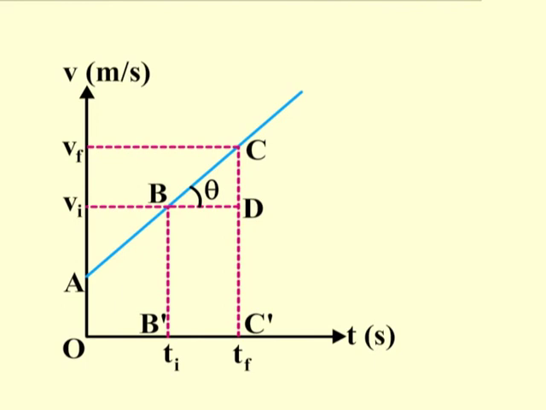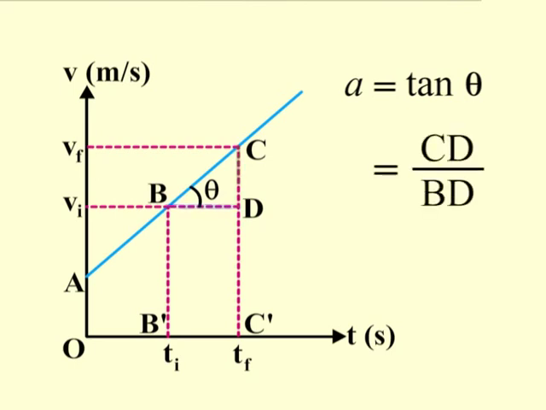We know that the slope of a line is equal to the tangent of the line. Here acceleration a is equal to tan theta, where theta is the angle subtended by the Vt line with the time axis, which is equal to the ratio of CD and BD. That is the ratio of Vf minus Vi divided by tf minus ti.